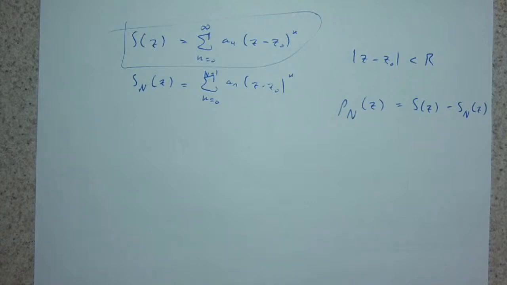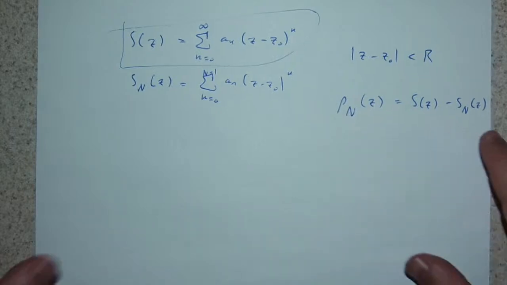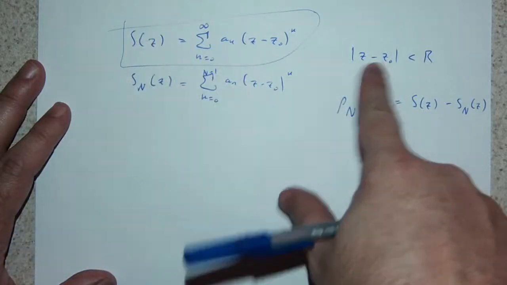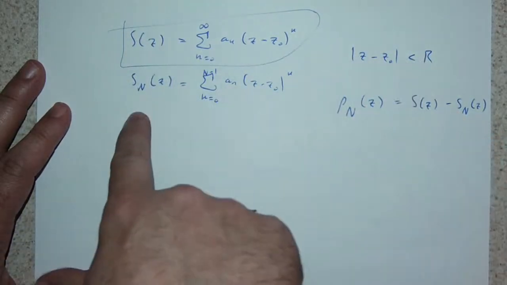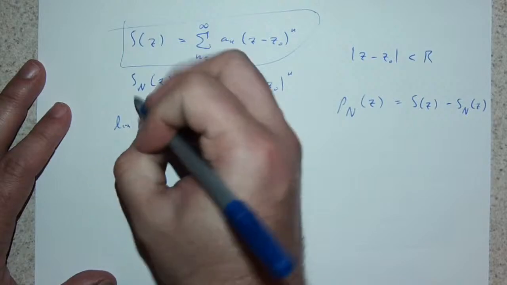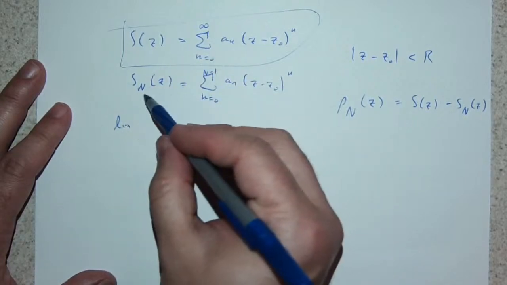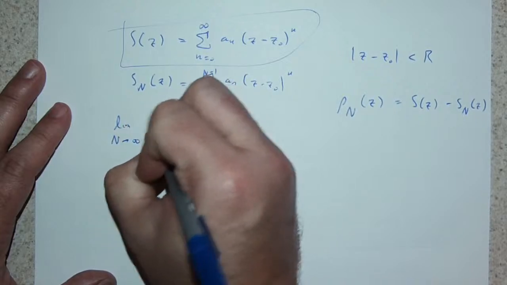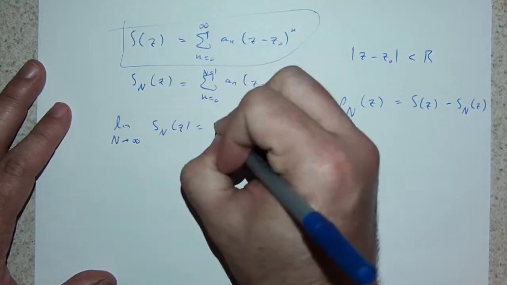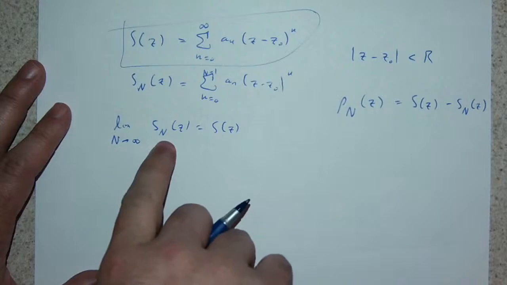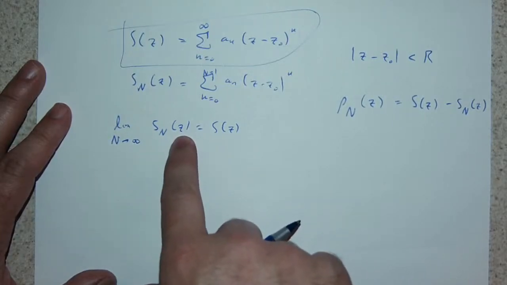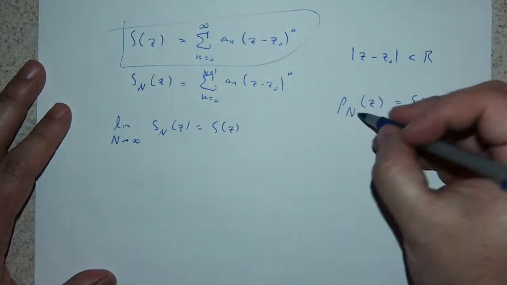And since we know that the power series converges, this thing has to converge to 0, because if the power series converges on this region, then by definition, note that the sequence of partial sums is actually just given by exactly this thing here. So the limit as big N goes to infinity of S sub big N of z is equal to S of z. And what this means is that since this is the limit pointwise, per z here, this thing has to go to 0.